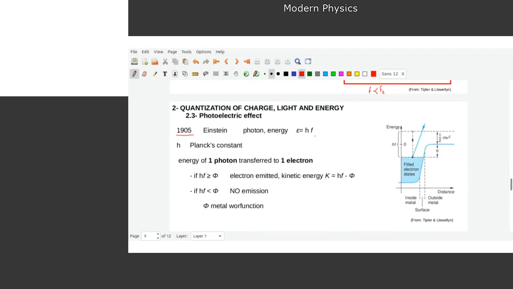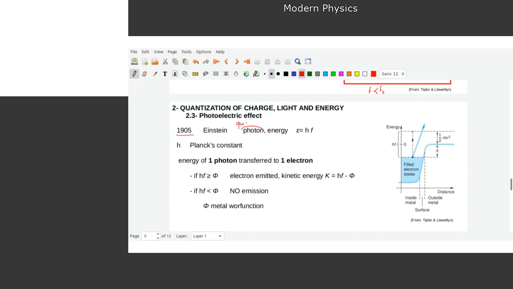And Planck had quantized this oscillation. Einstein goes further. He quantized the energy of the light emitted by these oscillators. So he calls this a quantum of light. We call it now a photon, okay?